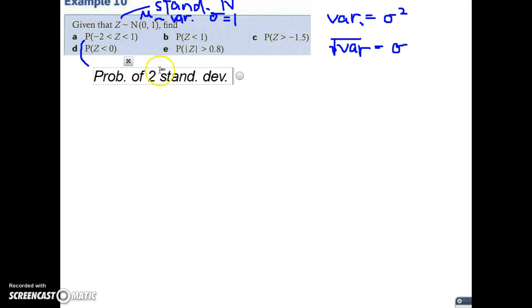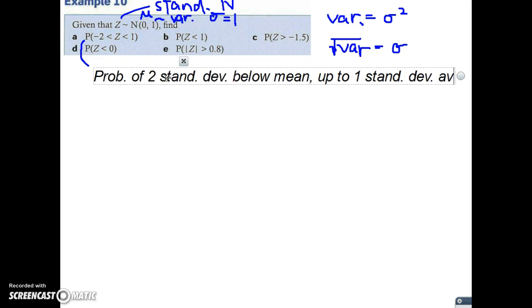What is the probability that your random variable is 2 standard deviations below your mean, up to 1 standard deviation above the mean?